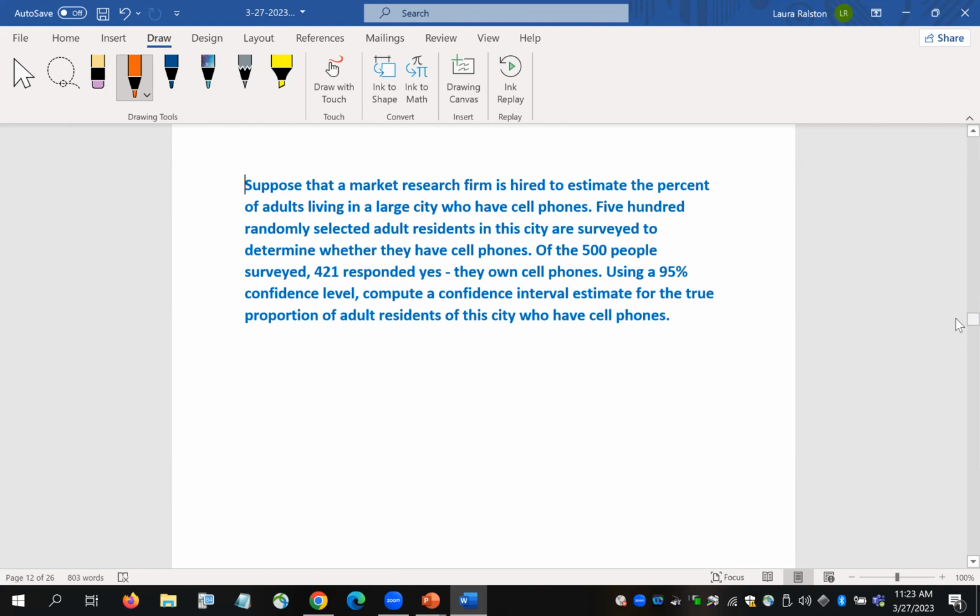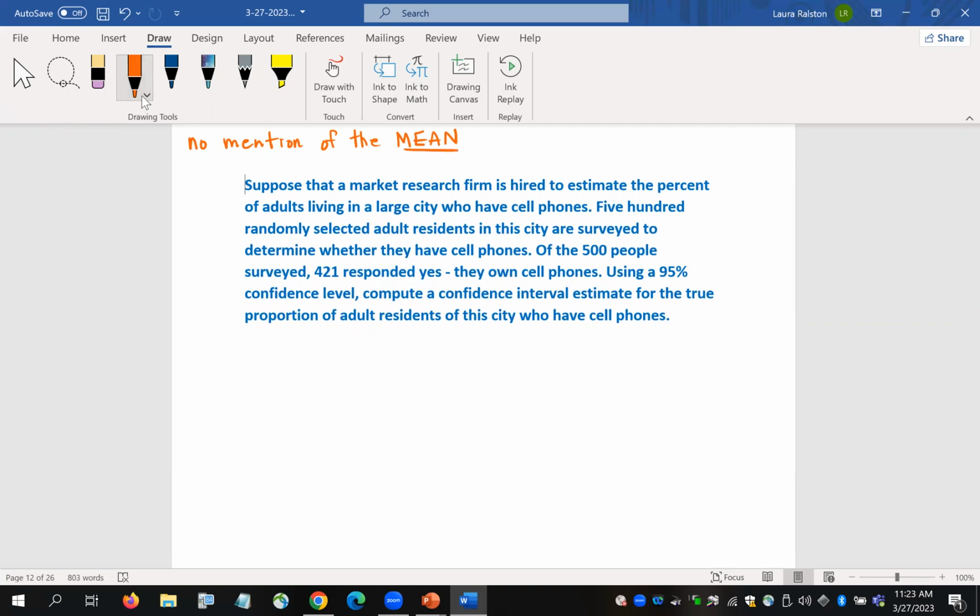Okay, so as I was reading through that problem, one of the things that I noticed is there's no mention of the mean.